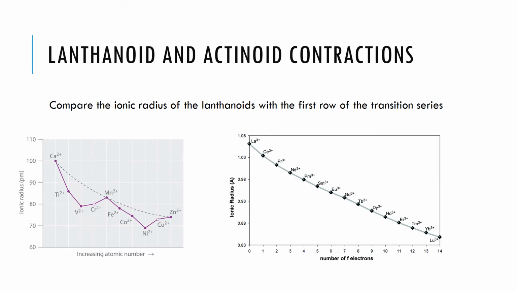And similarly, if we compare the ionic radius of the lanthanoids to the first row of the transition series, you get this double minima type graph in the first row of the transition series. And we can compare that to this very steady and precise decrease in the ionic radius of the lanthanoids.